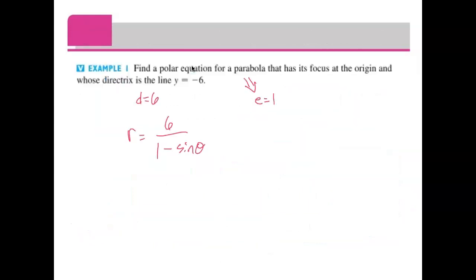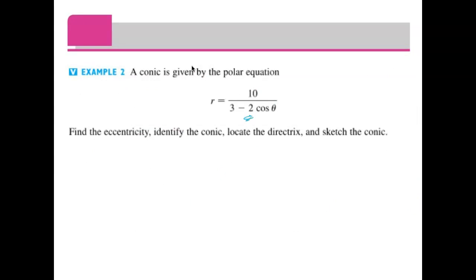So the first thing I need to do is get rid of this 2 coefficient on the cosine. Or I'm sorry, not get rid of that. That coefficient is fine. I need to get rid of this 3, right? I want that to be a 1. So I'm going to divide top and bottom by 3, basically. So r equals then 10/3 over 1 minus 2/3 cosine theta.